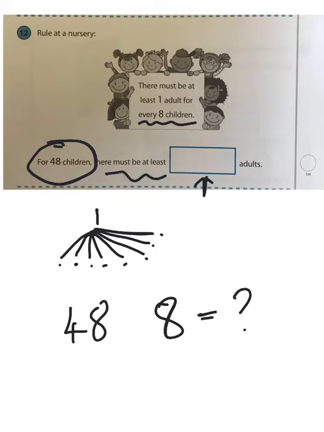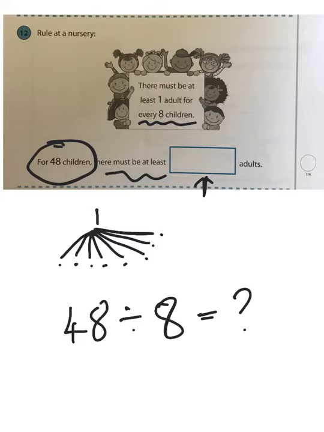What symbol am I missing? Divide by, because you're dividing it into groups. You need to find out how many groups there are to find out how many adults there are. Each adult looks after 8. Imagine us all lined up in the hall with an adult at the front and then 8 children behind each adult.